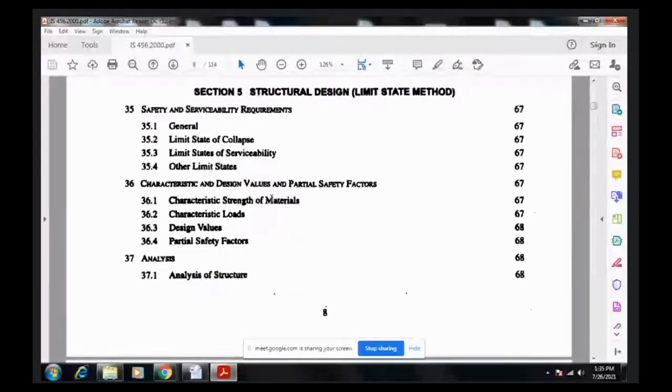But at least from the name itself, you can understand that the elastic concept means that we should be able to design the structure in a particular way so that the structure behaves elastically. More or less elastically, because concrete is not at all elastic. But we can design it in such a way, providing reinforcement, etc., more or less.